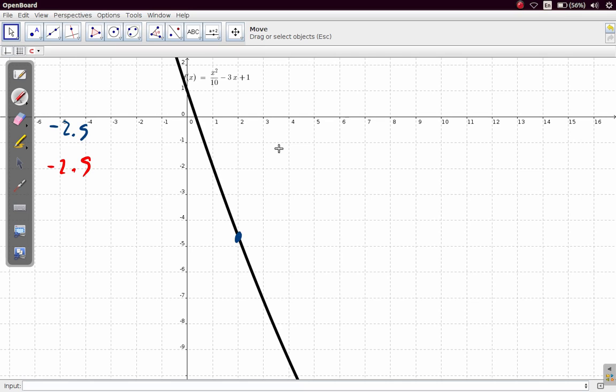Right here. At 3, this is it. Now you notice that both gradients are negative, because the gradient of the line would go down this way, right? Or the tangent would go this way, so the gradient is a negative gradient.